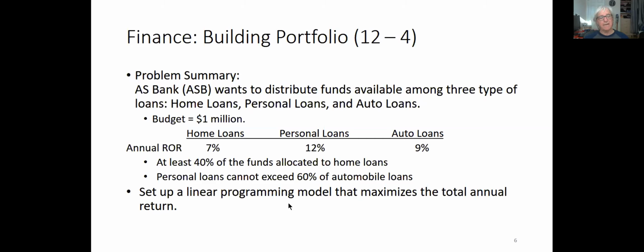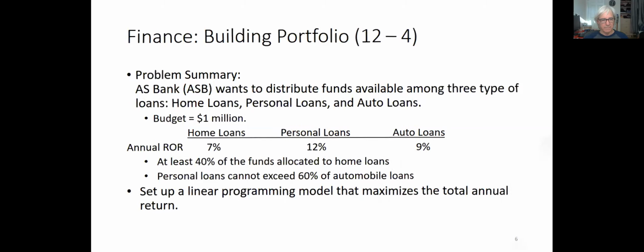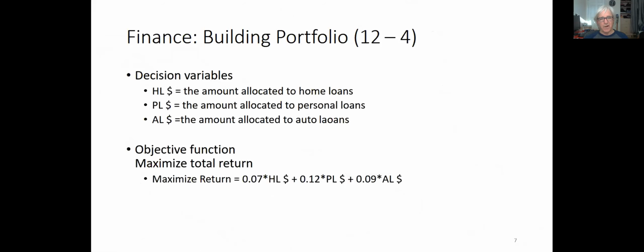But here we are trying to maximize the total return. So we turn to linear programming. We define our decision variables as the amount allocated to home loans, personal loans, and auto loans. Those are the amounts.